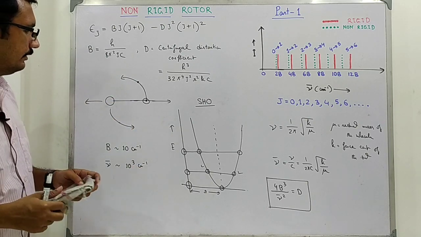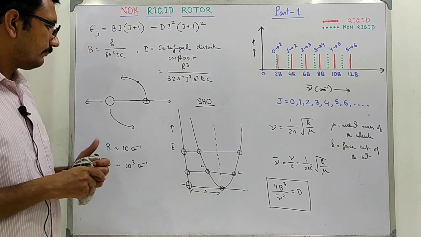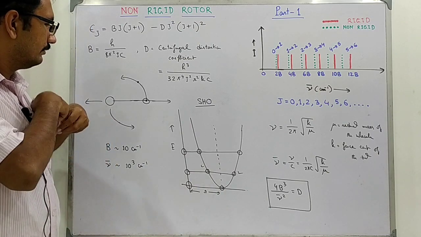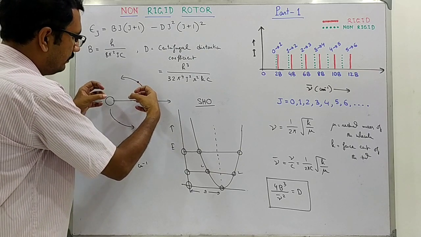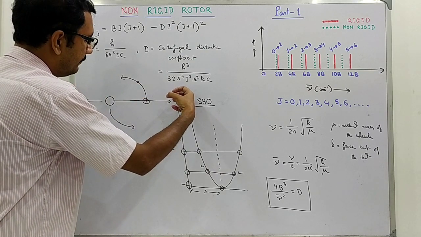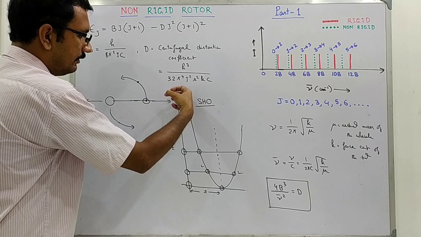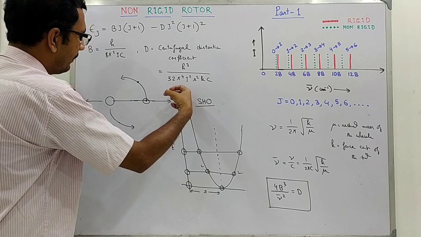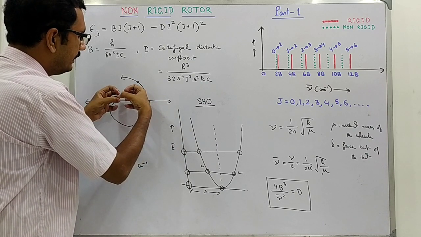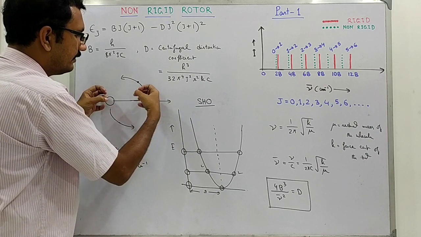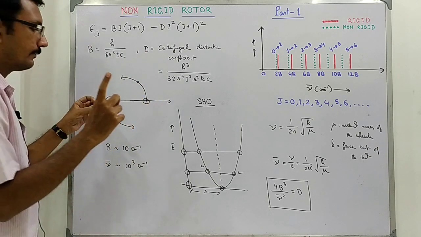So, this will move like, say, this molecule will move apart, that is expansion, then it will come back to the equilibrium position, then it will compress, then again it will come back to the equilibrium position. This is one complete vibration.